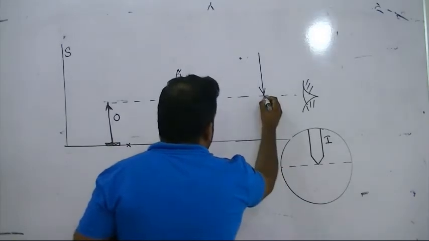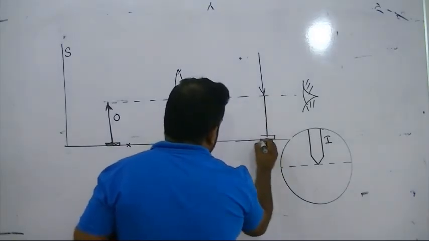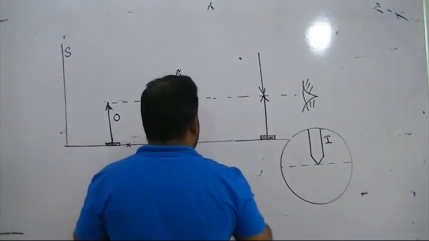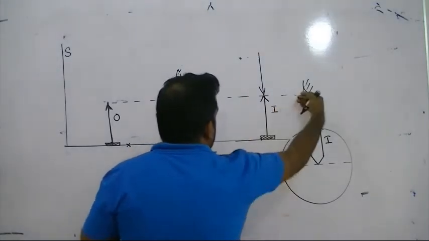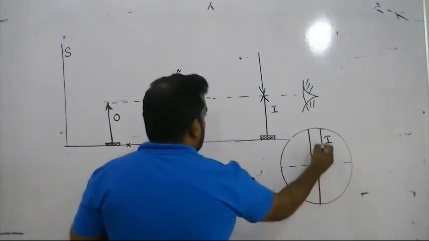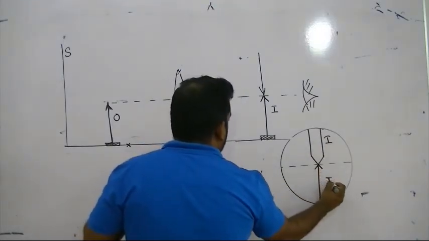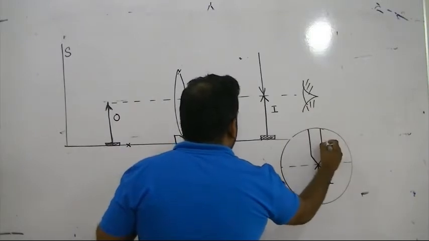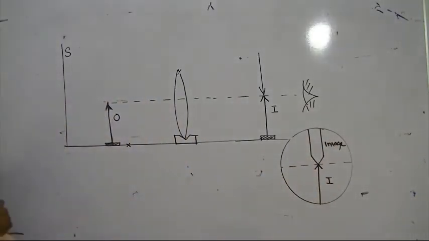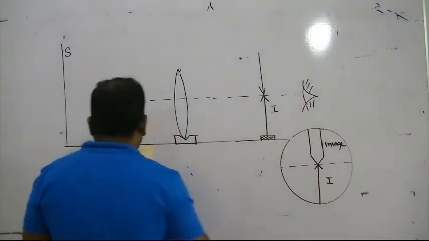We must move the other pin, the image pin, in the lateral direction such that there is no relative motion between the eye and the image.